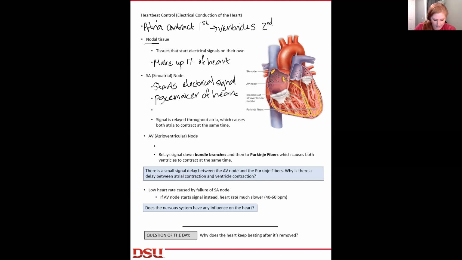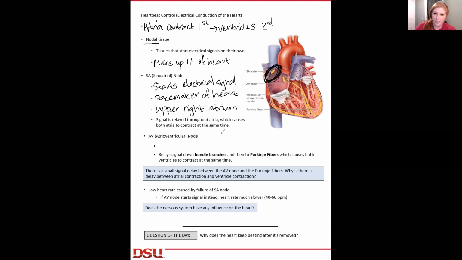Okay, and this is located in the upper right atrium, which is right up here. Okay, so that one is going to create an impulse that's going to send the message to the atria to both contract at the same time.